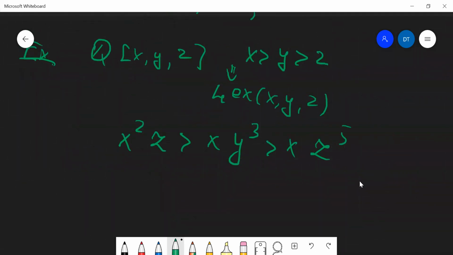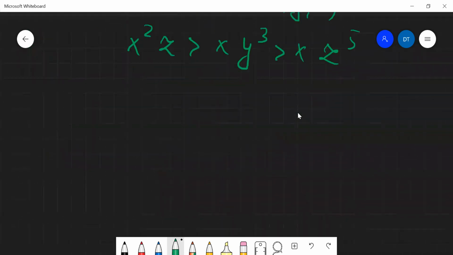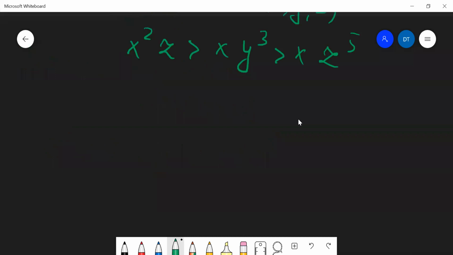Now I want to explain several basic properties of the lexicographical order. I'll formulate this as a remark. So suppose we have monomials in n variables.